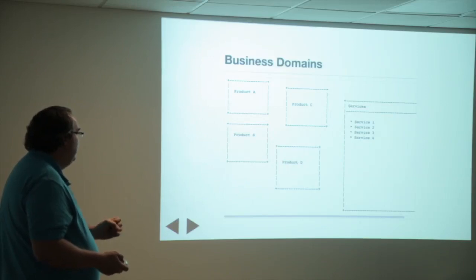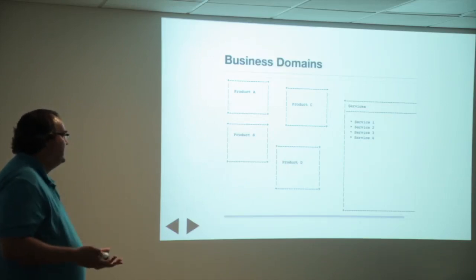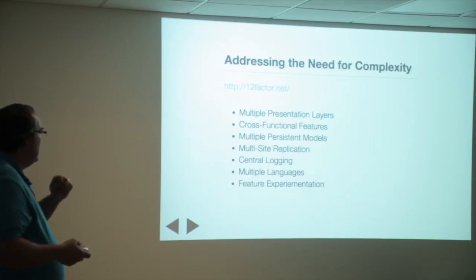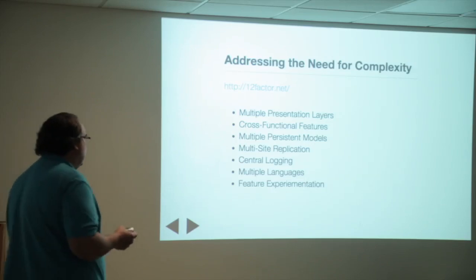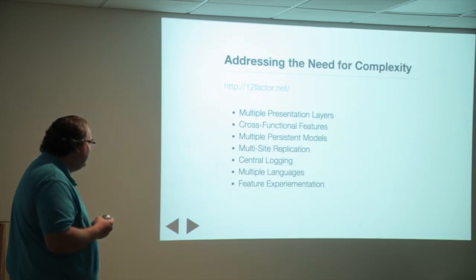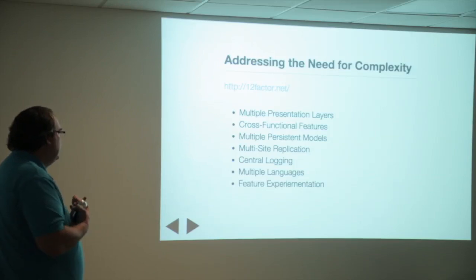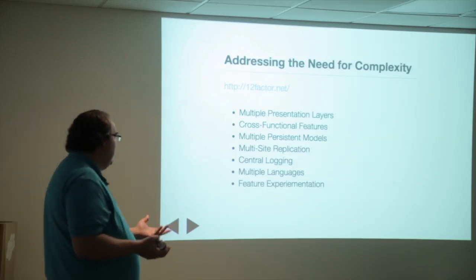And with that kind of flow, I think brings about this talk of microservices. So addressing the needs for complexity. These are some of the things that really led us to microservices. The need for multiple presentation layers, right?